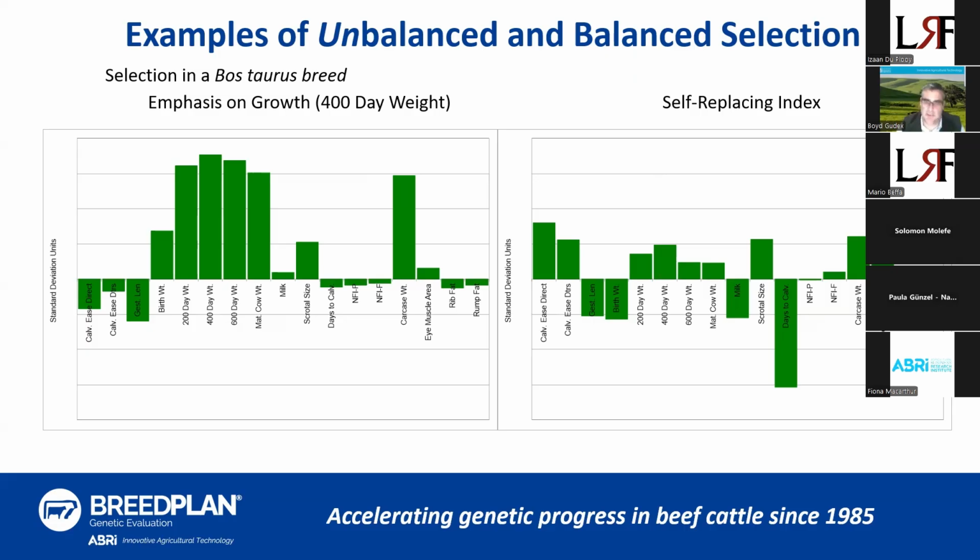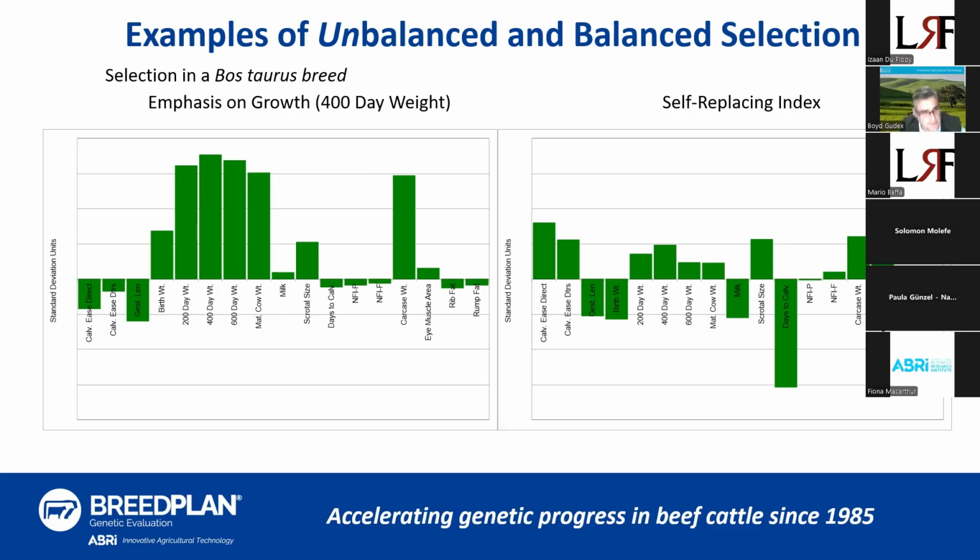You're going to see mature cow weight goes up quite strongly as well, so those larger cows are going to be eating more. You're going to see only a small gain in days to calving, so negative days to calving is what you're after. So you want it to decrease and go into negative numbers.